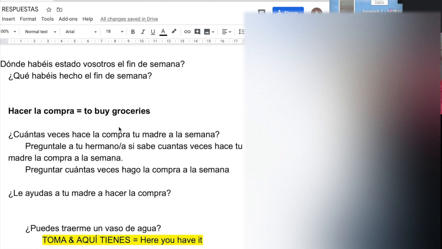¿Y vosotros dos no vais con vuestros padres a hacer la compra con ellos? ¿No acompañáis? Ahora no. ¿Por qué no, Hannah? ¿Por qué? Porque nosotros no queremos ponernos enfermos.